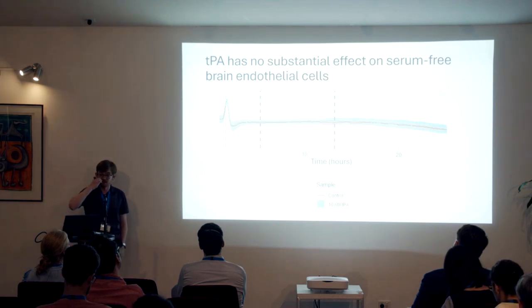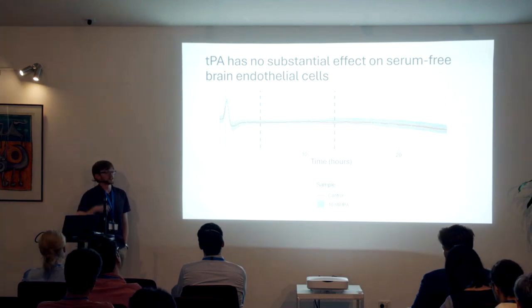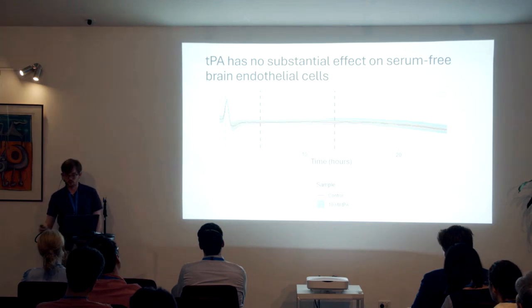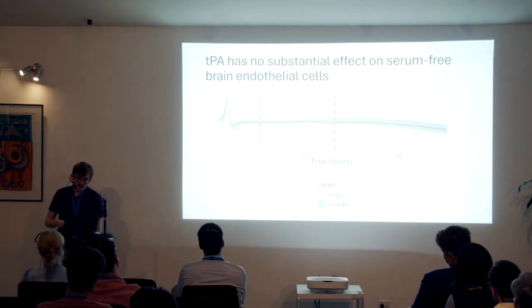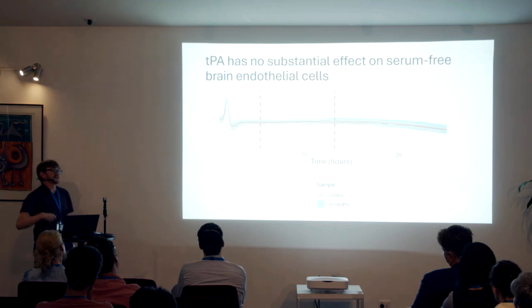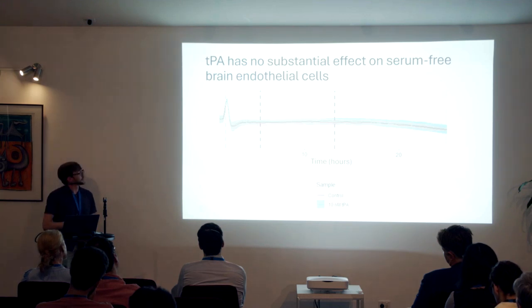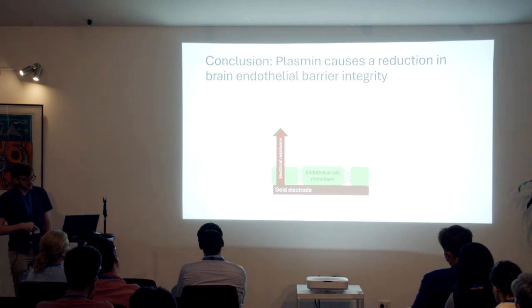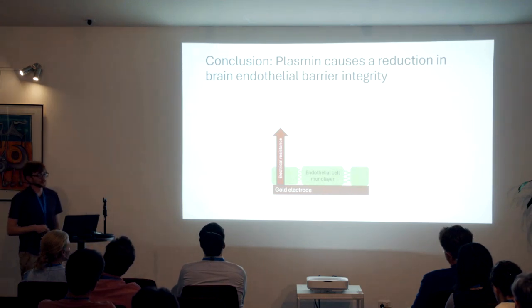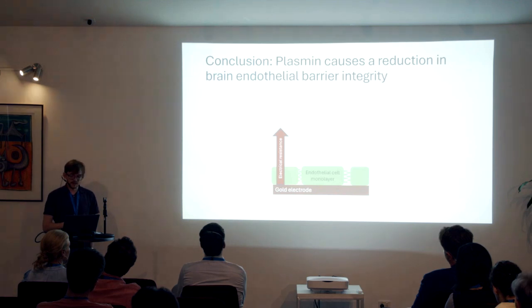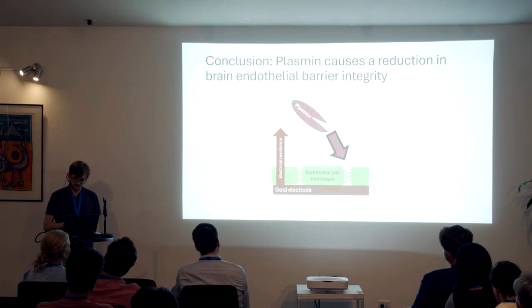Whilst I don't have the time to go into it today, we've done surface-bound plasminogen, we've done a little bit of work in serum, and again, we start to recapitulate those effects. Once you add that plasminogen back in, you start to get the damage again. So the conclusion from this really is that plasmin causes a reduction in brain microvascular integrity over that time course.